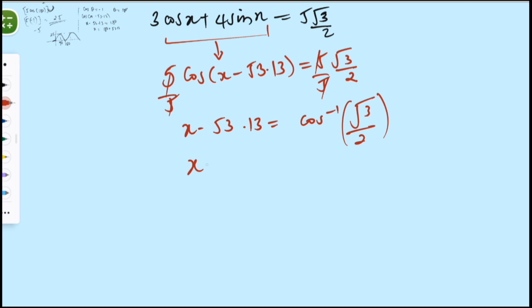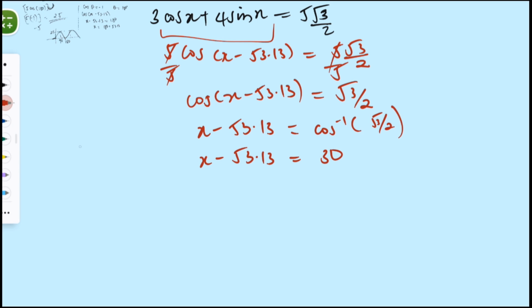So x minus 53.13 should be equal to 30 degrees. Now, they've given us in the interval 0 is less than x, it's less than 360 degrees. So we know that x is equal to 30 plus this, which is 83.13.